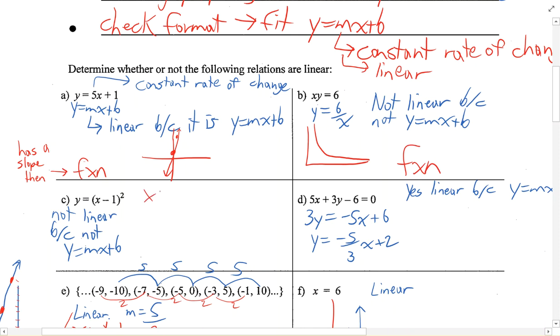So if you do an XY table, x is 2, 2 minus 1 is 1, 1 squared is 1, x is 1, then we get 0, x is -2, then you get -1.